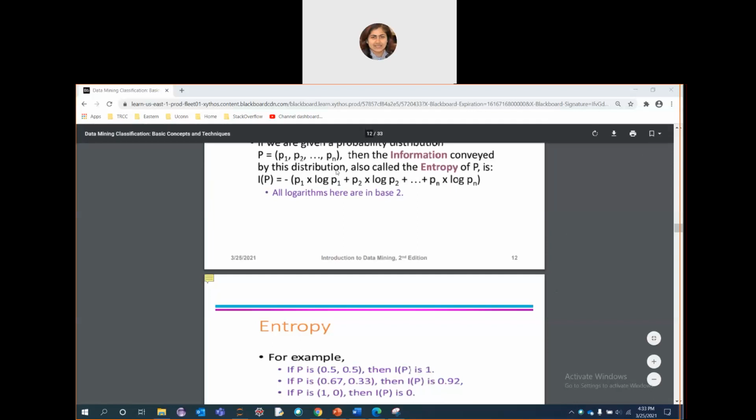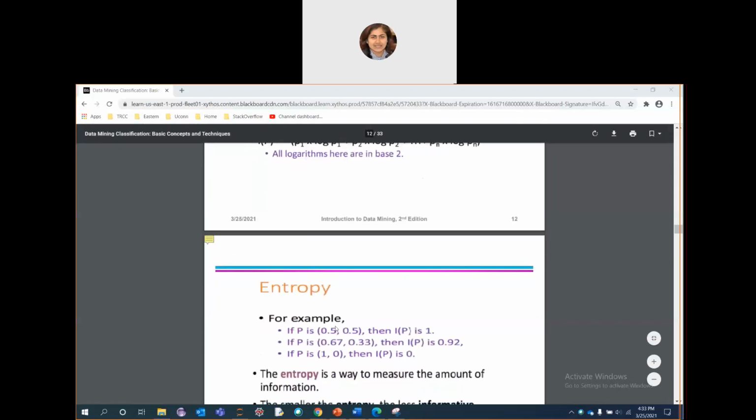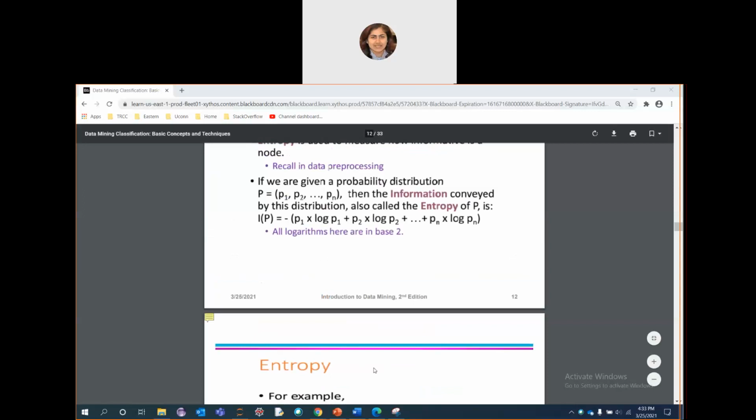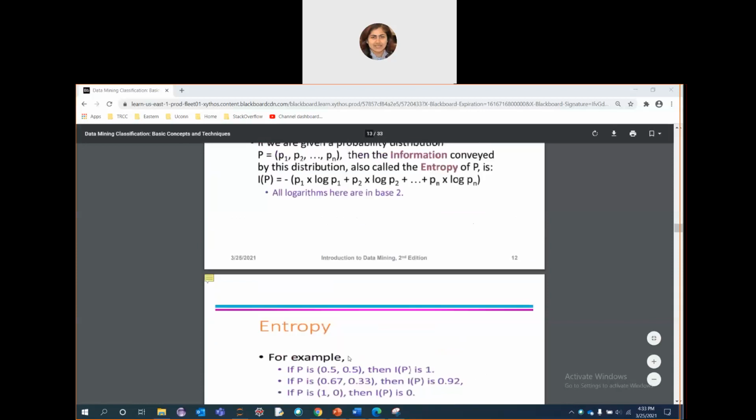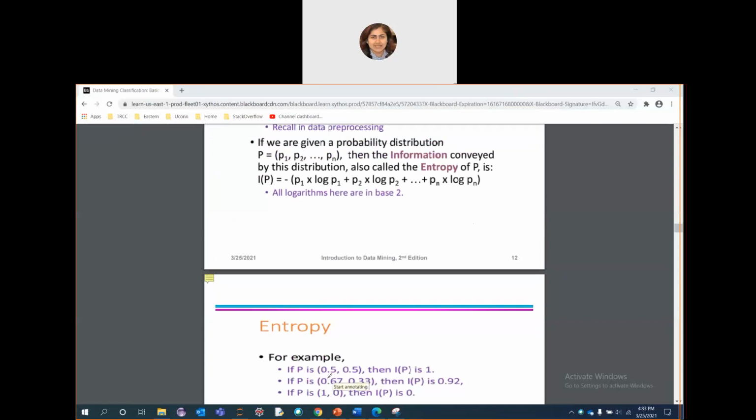Based on this formula that we just reviewed, if the probabilities are given as 0.5 and 0.5, then how will the entropy be calculated? For 0.5 and 0.5, see the formula here, P log P. So you will do 0.5 multiplied by log base 2 of 0.5.